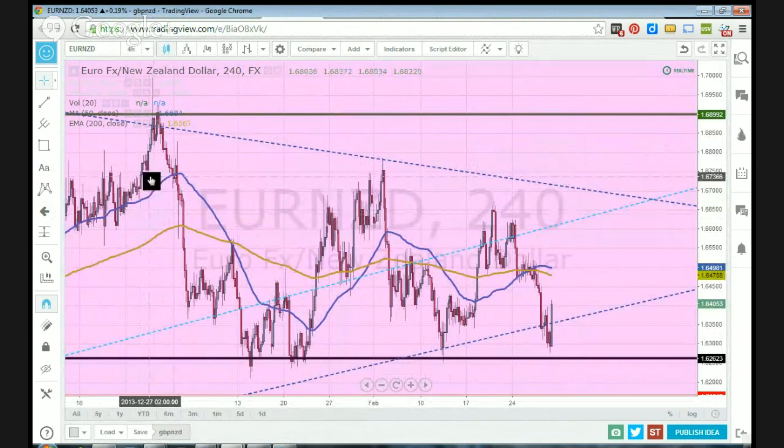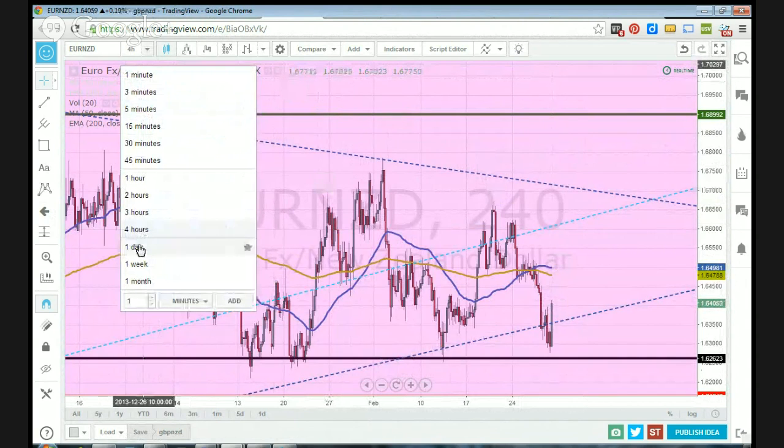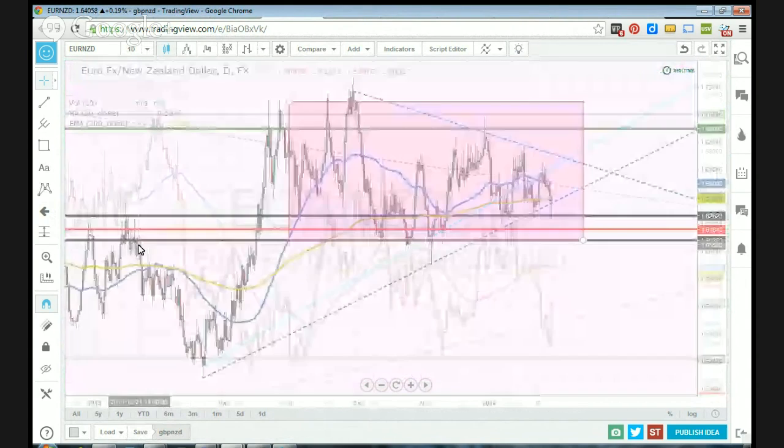But here's a 4-hour chart. You had a big bullish candle here. Well, we'll come back to this. I probably will try going long Euro Kiwi.